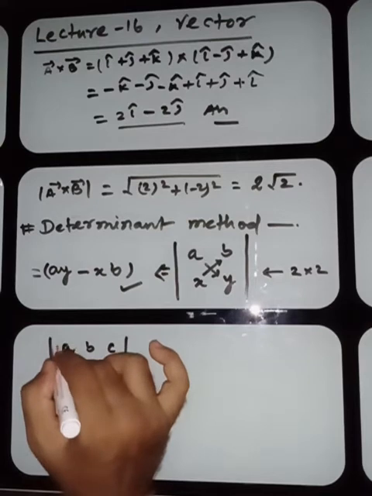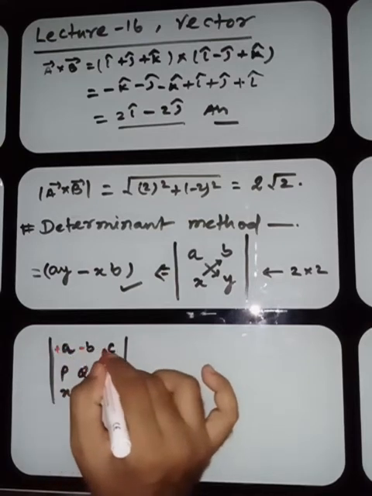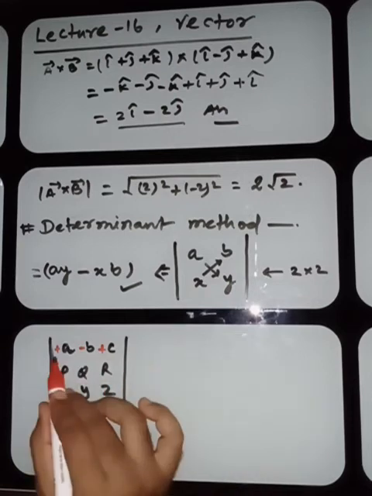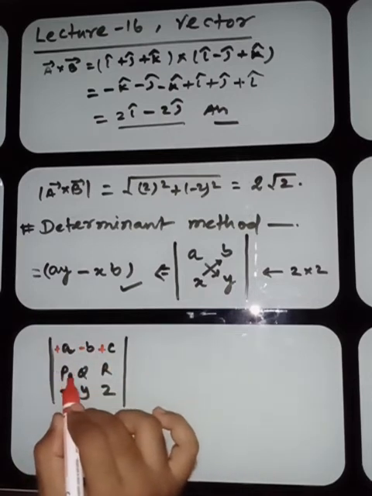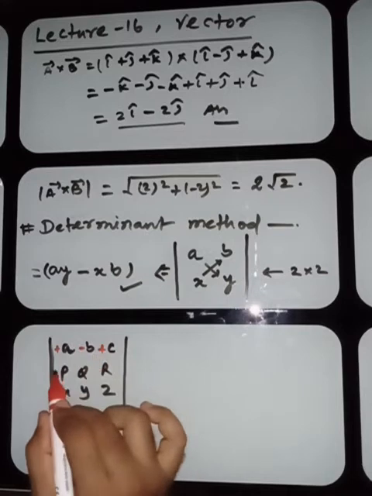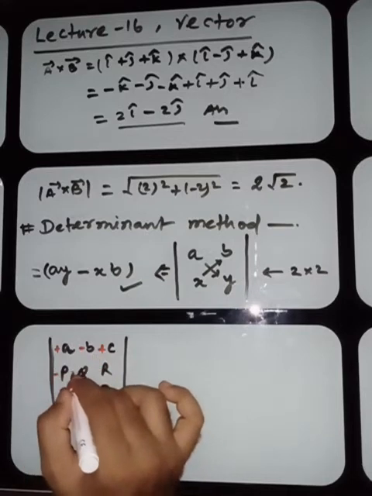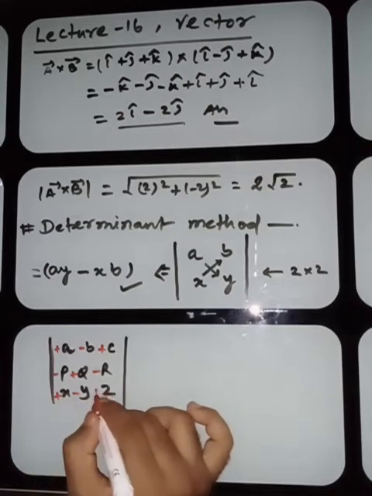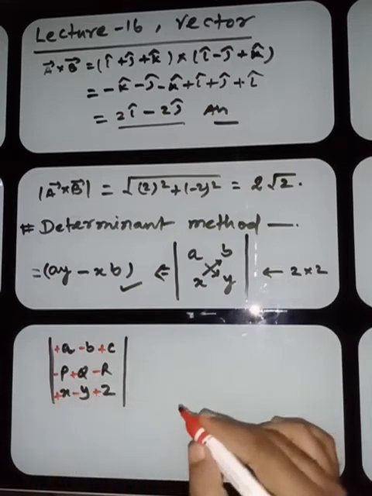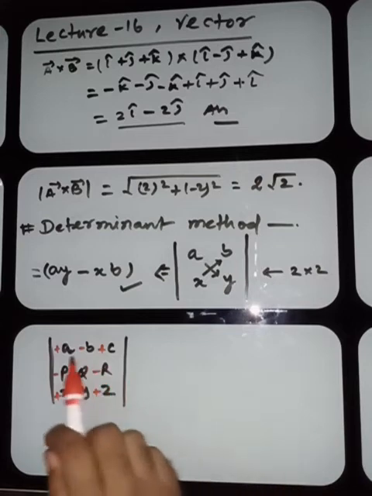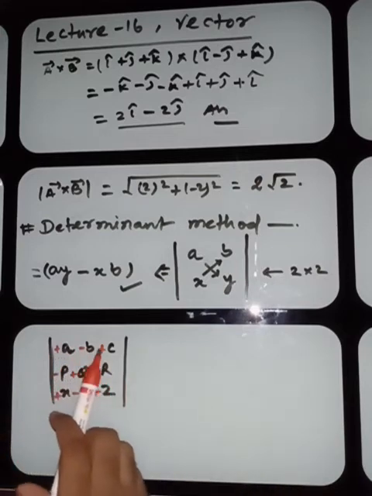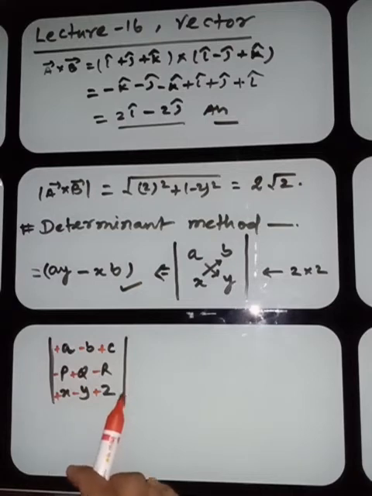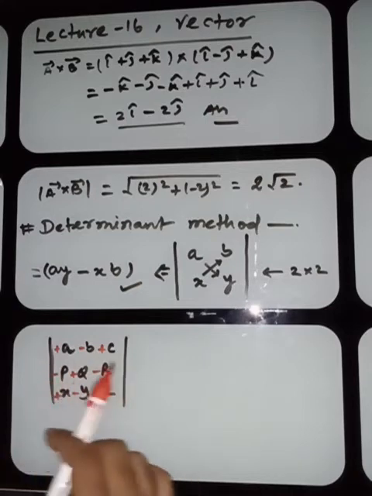Plus, minus, plus, alternately you have to give plus and minus: plus, minus, plus, minus, plus, minus, plus, minus, plus. You have given the nature in this way.